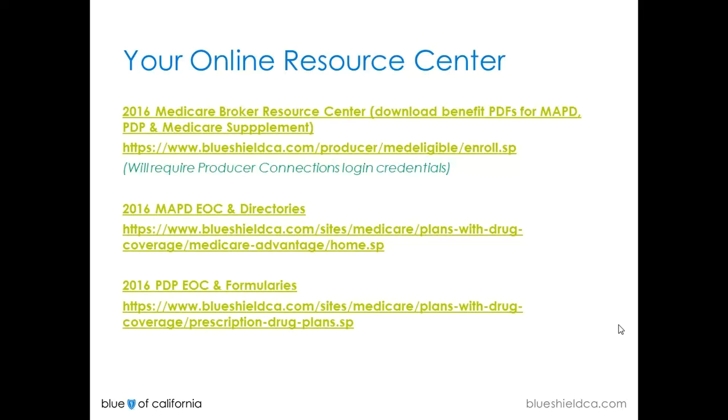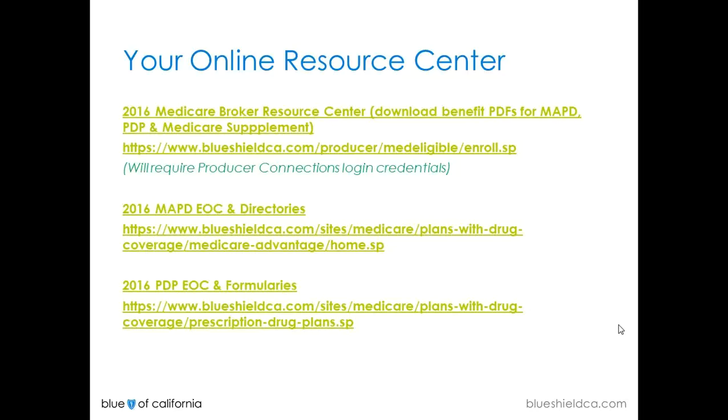The only requirement is you need to have a login on Producer Connections in order to access the first link. The second 2 links are just open to anyone that needs our Medicare product information. You do not need to log in, so this is a public site.